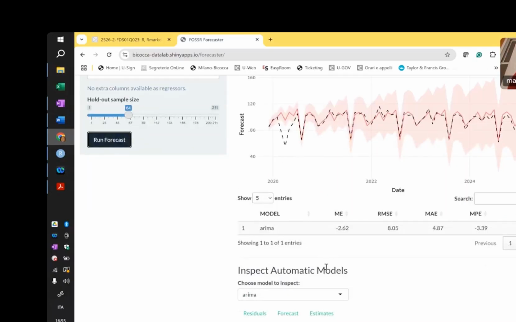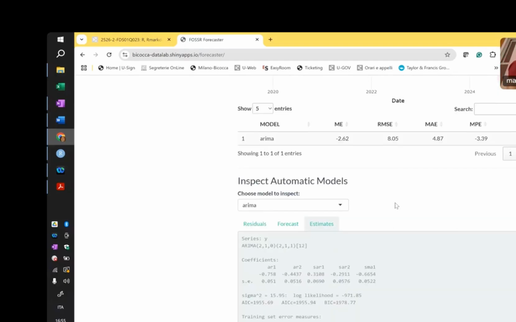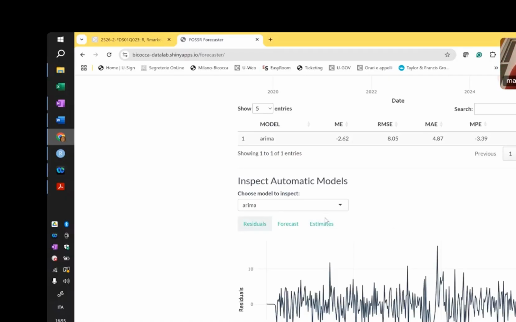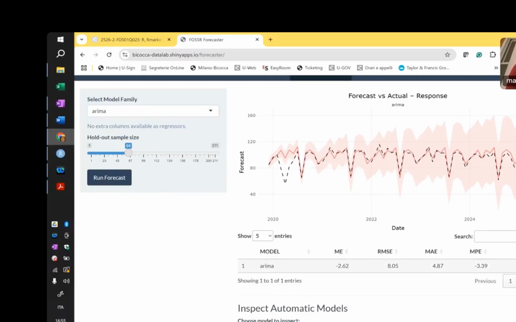So it picked AR2. It takes two differences here. For some reason, it's a very complicated model, 210, 211. Let's look at it.